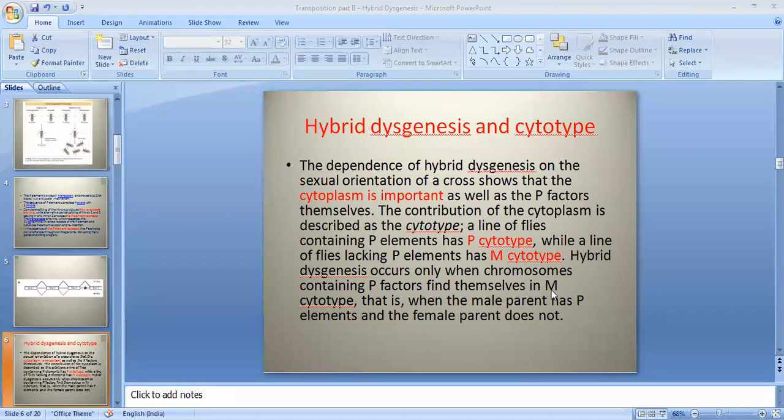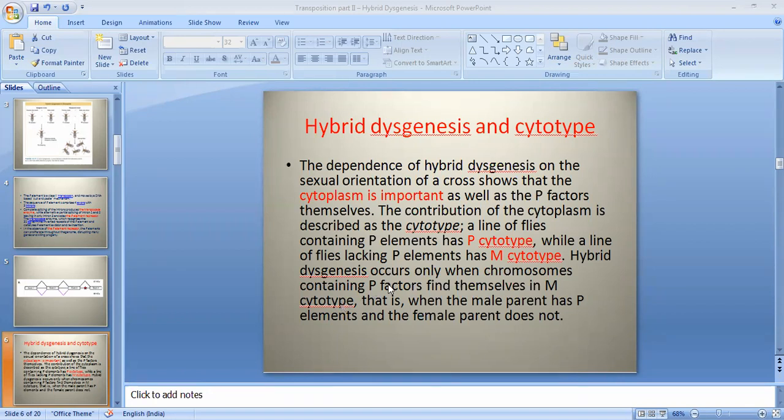So the female ovum could be M cytotype. Suppose the female does not have the P element, therefore the ovum cytoplasm is M cytotype.